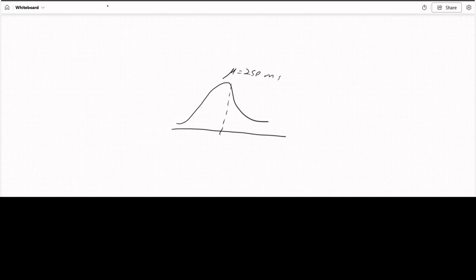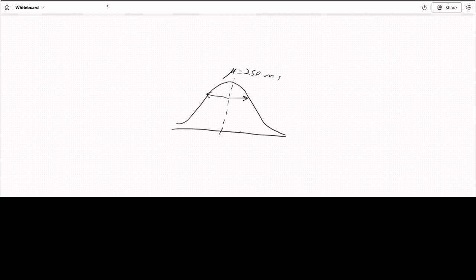Wow, I'm so bad at drawing these. We want to know how spread out these reaction times are, because obviously not every single person has the average reaction time. Some people might have above average reaction time, some people might have below average, and we want to know the standard deviation of how spread out this data is.